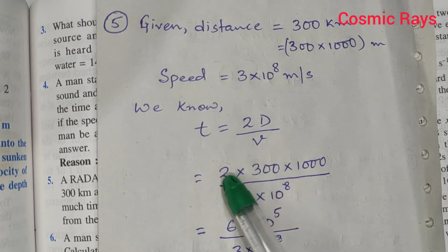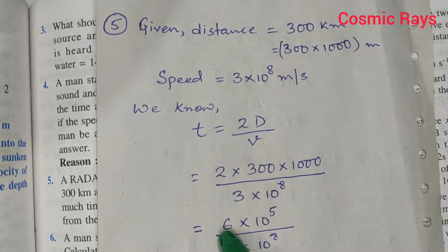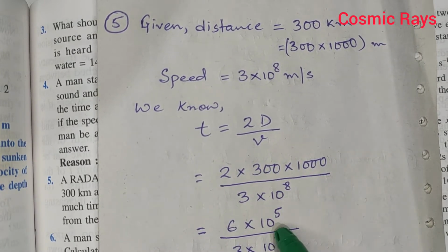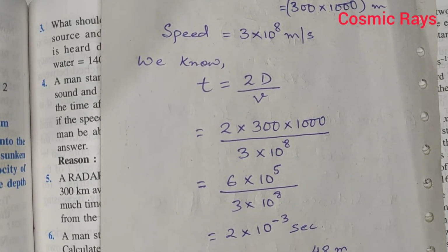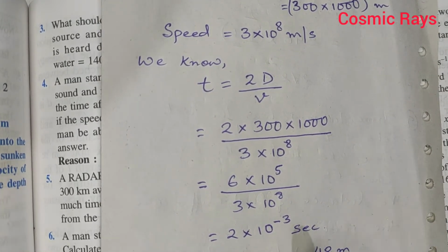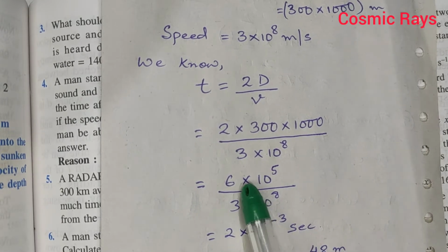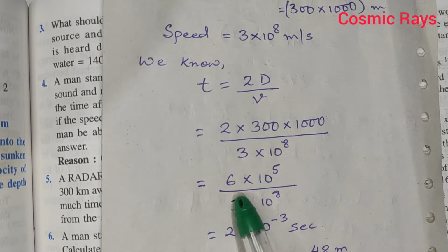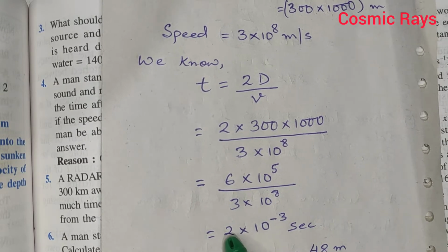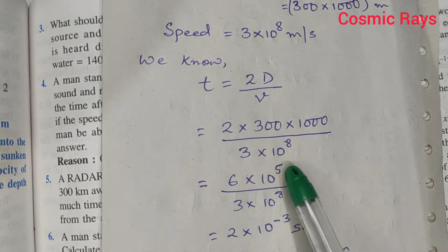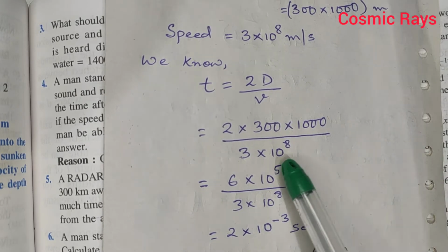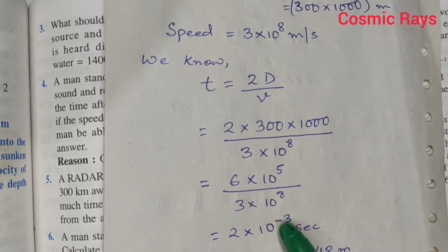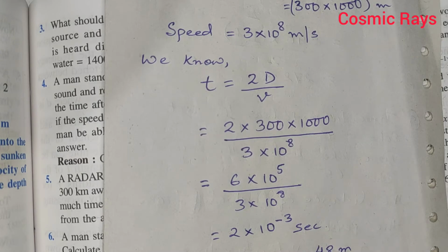So 300 into 2, 3 into 2 is 6, and then all the zeros I write as 10 raised to the power 5. Now here you see, if you divide 6 by 3 you get 2, and here we will apply the law of exponents. So 5 minus 8 will be 10 raised to the power minus 3 seconds.